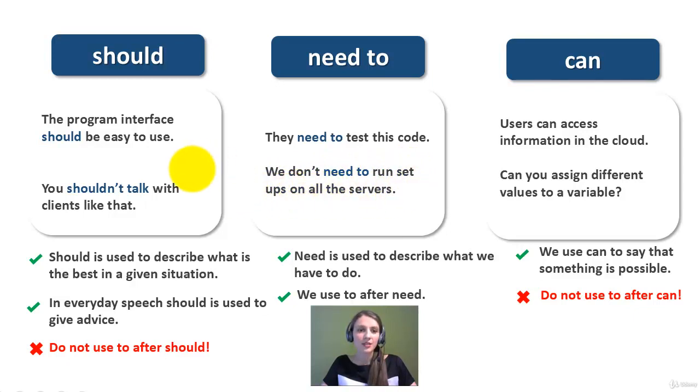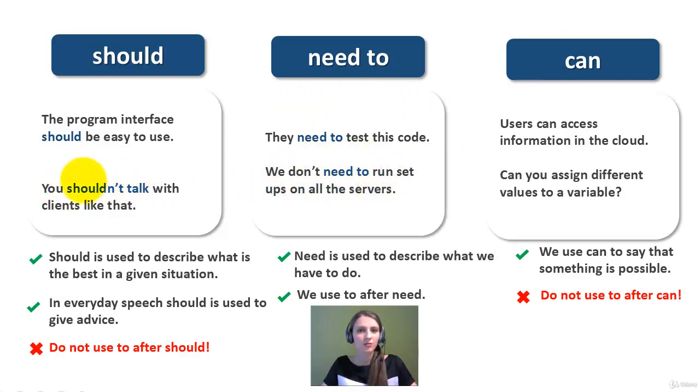Now, please look at the sentences with should. You shouldn't talk with clients like that. And at the sentence with need. We don't need to run setups on all the servers. Can you see the difference between those two sentences? Well, yes. With need to, we use don't and we use to after need, right?